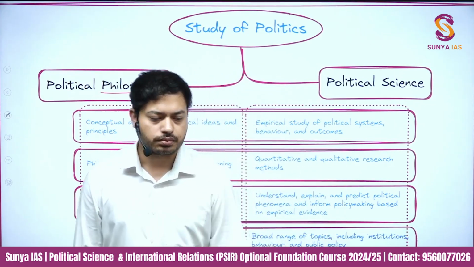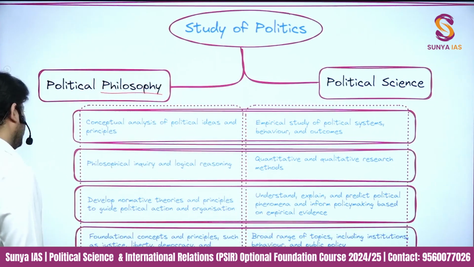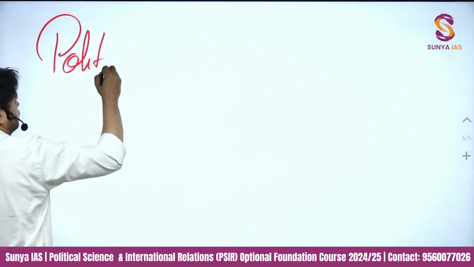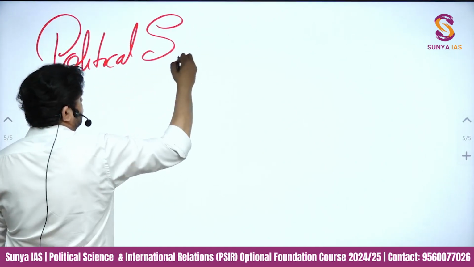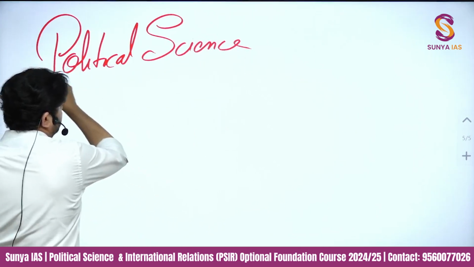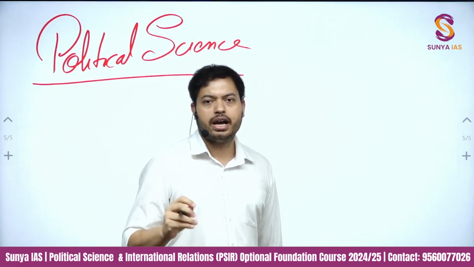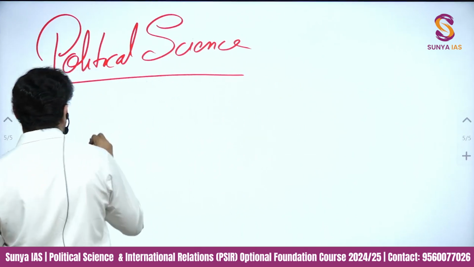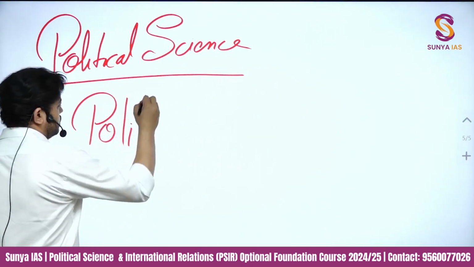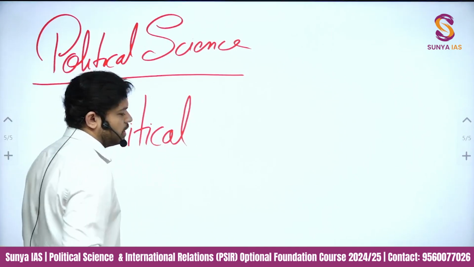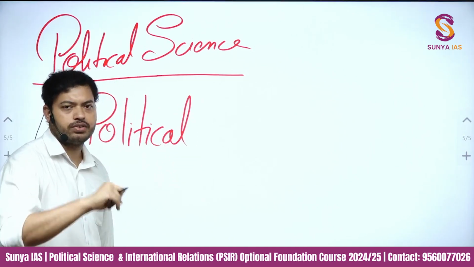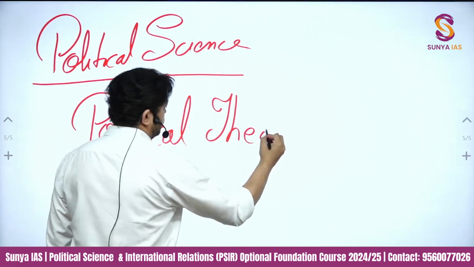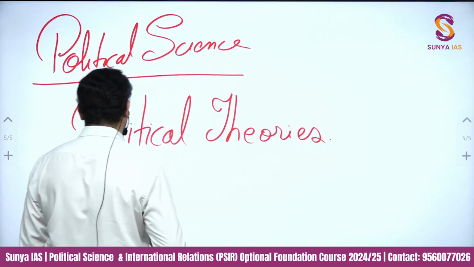So dekho, in political science we have concepts of political theory, the various theories. Just like any other science like physics, chemistry, mathematics, which have a lot of theories, political science also has theories. So there will be political theories, and we'll be discussing some of them.